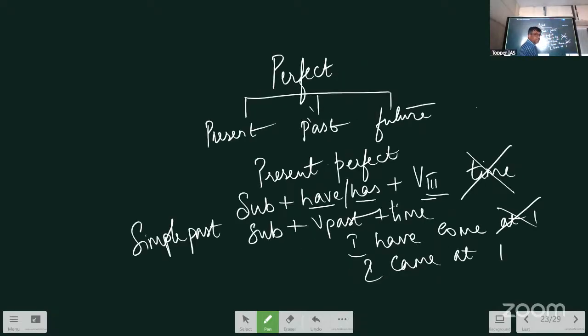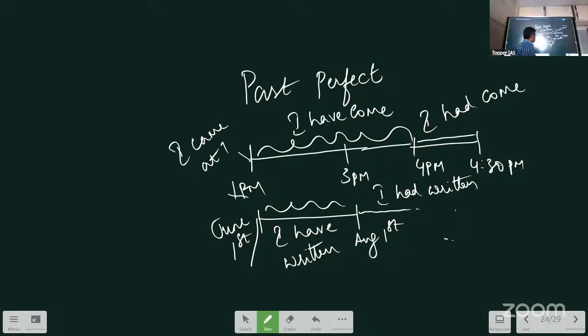And perfect tense and simple past difference. In present perfect, we don't use time. With simple past, we use time. And in present perfect, we use have or has with verb third form. Past perfect is something that is already over, and we use both past perfect and simple past to indicate two actions of the past.